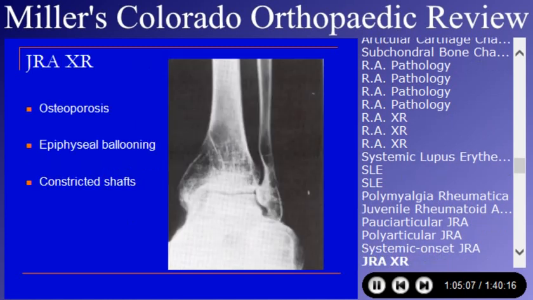X-ray of JRA is reminiscent in some ways of adults. There is periarticular osteoporosis. There is relatively symmetric joint space narrowing. It is associated with some constriction of the bony diaphyses and with epiphyseal enlargement or ballooning.